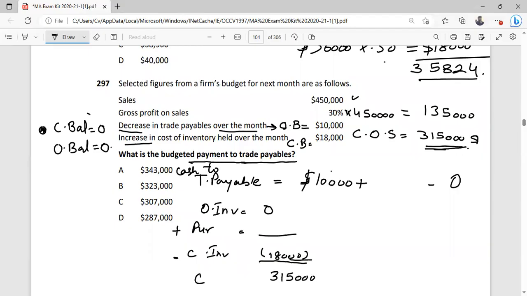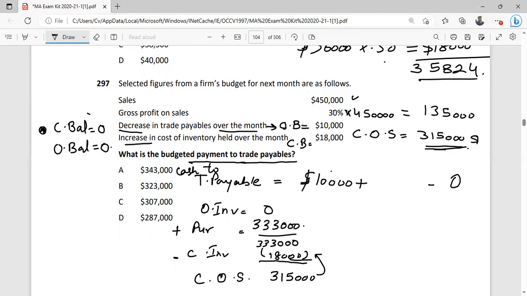This is the formula which you learned in your earlier studies as well, in the profit and loss. So now to calculate this value, we will add, because 18,000 is deducted, it is 333,000. Opening inventory is 0, so it means purchases are 333,000.